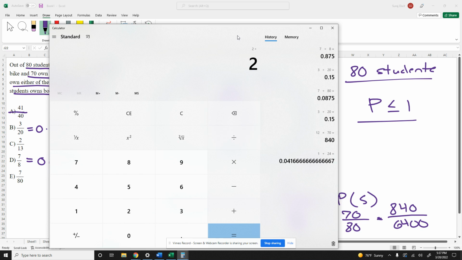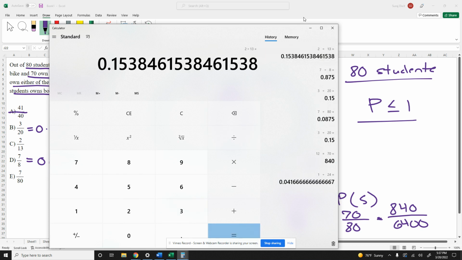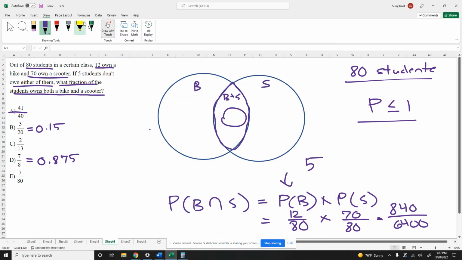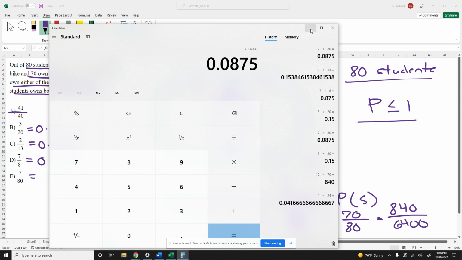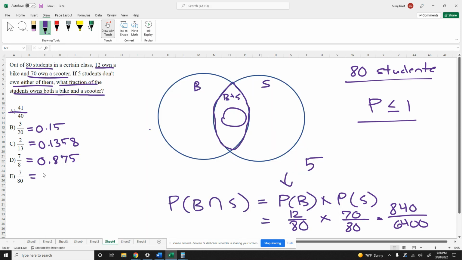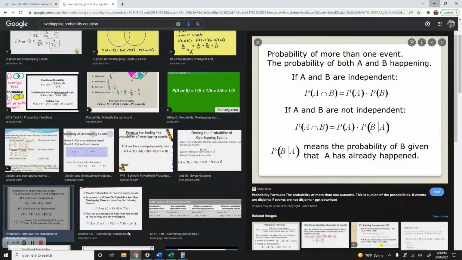And then 2 divided by 13 is 0.1538. And 7 over 80 is 0.0875. I can't get any of those. Let me look at this again.